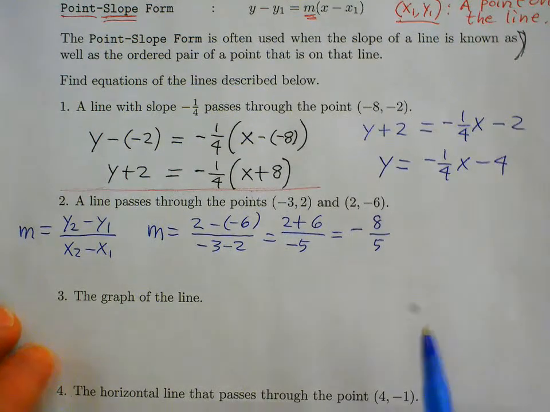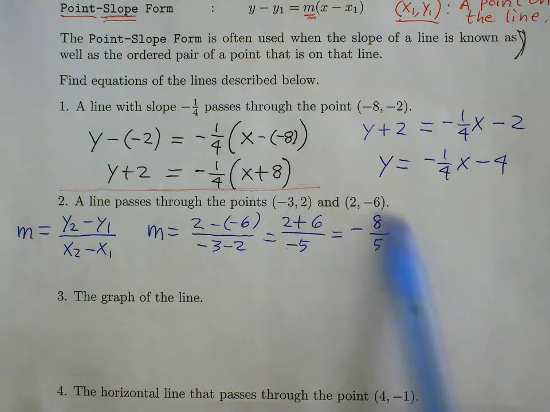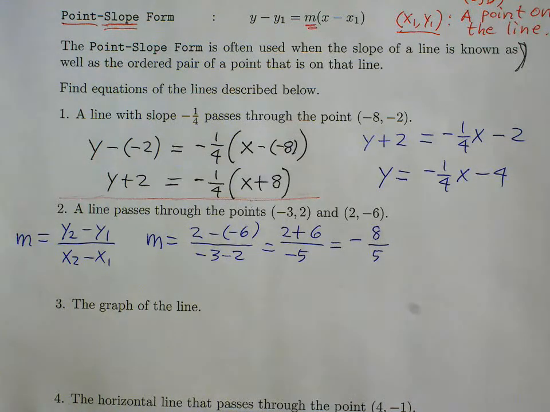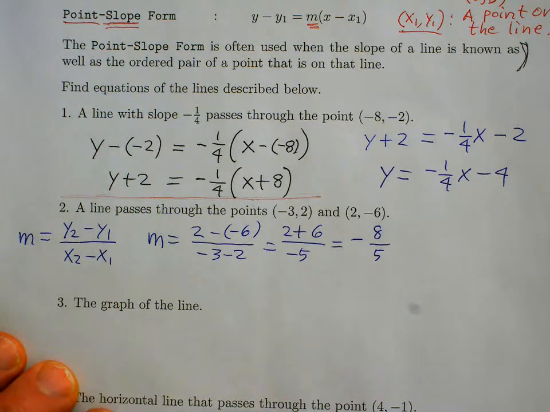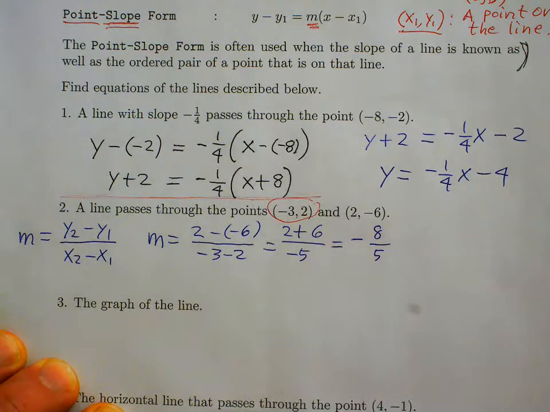Okay, then we can pick either of the 2 ordered pairs and use the slope -8/5 and write the point slope form. It doesn't matter which of the 2 points you pick. So I'll pick the left point, -3, 2.